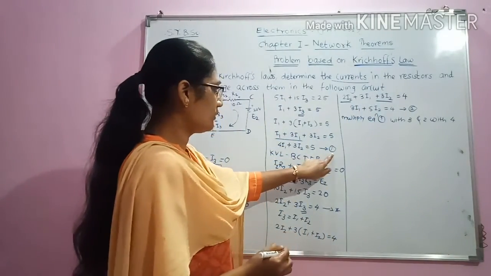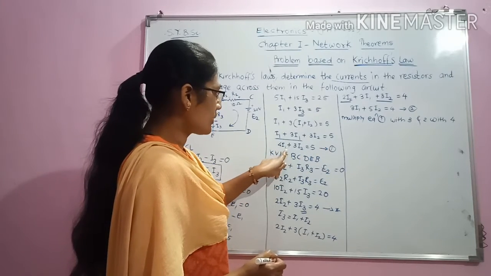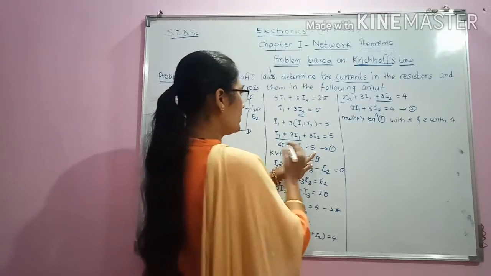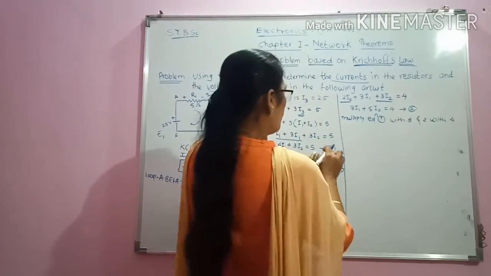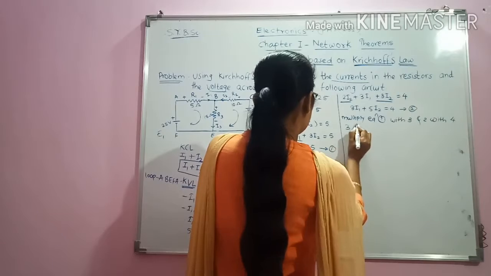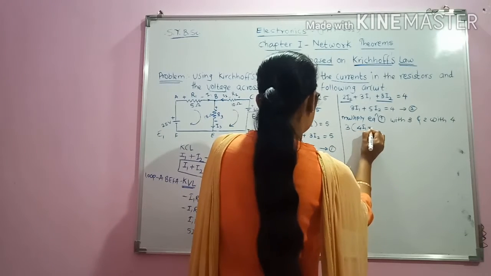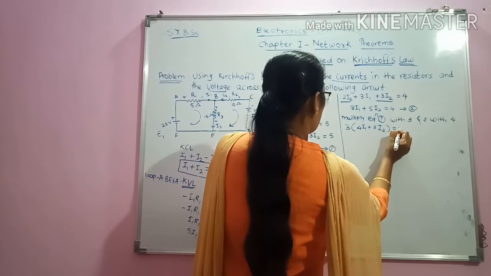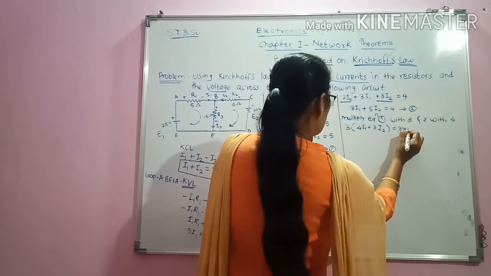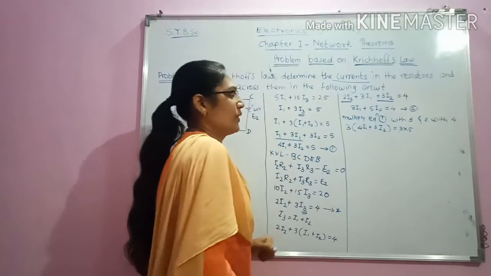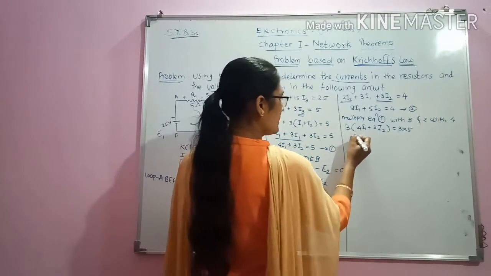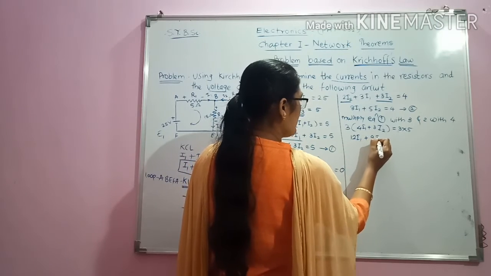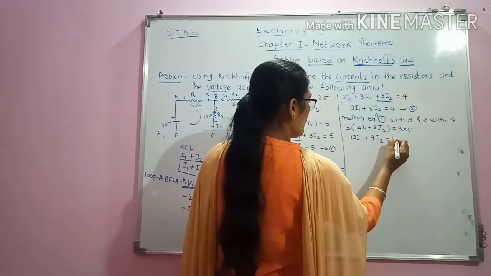What is equation 1? Equation 1 is 4 times I1 plus 3 times I2 is equal to 5. Multiplying this equation 1 by 3: 3 into 4 times I1 plus 3 times I2 is equal to 3 into 5. Its value comes out as 12 times I1 plus 9 times I2 is equal to 15.